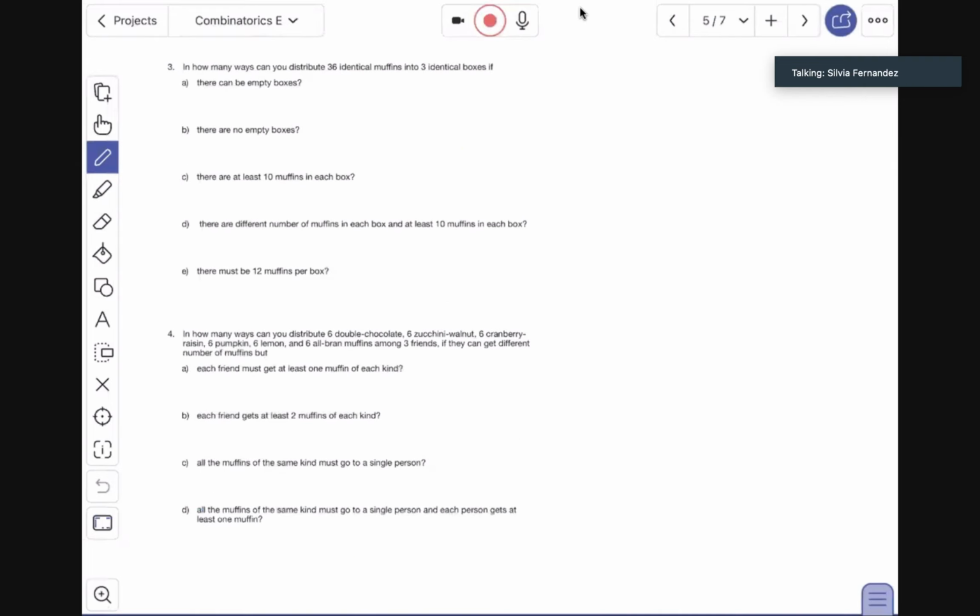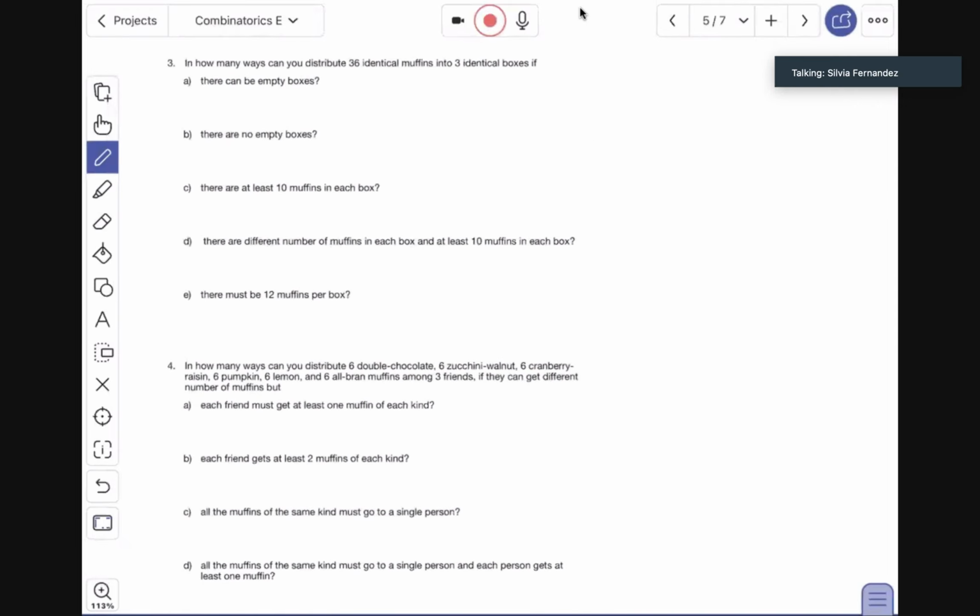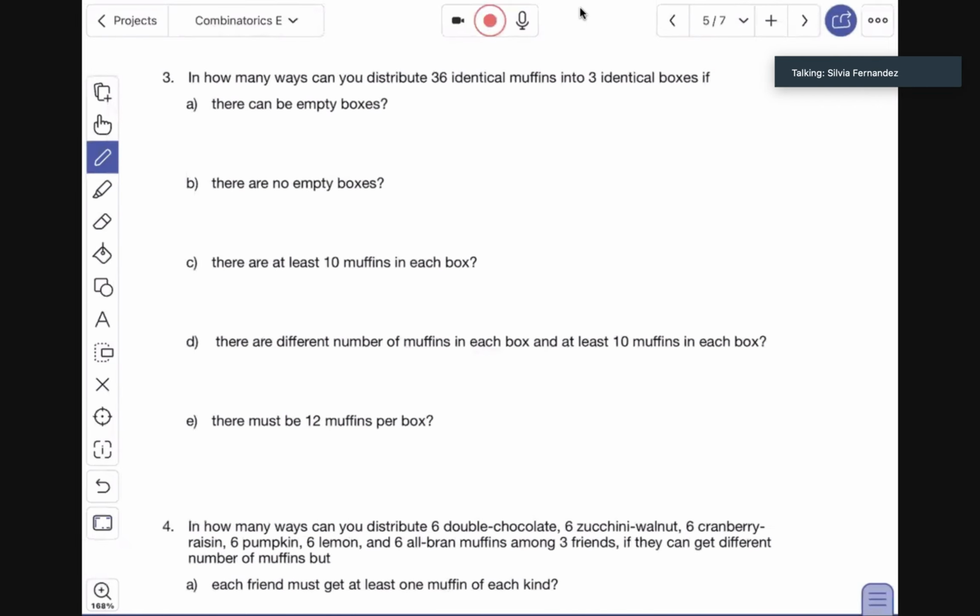So problem number 3, this is distributions, and in fact, this is identical muffins into identical boxes. So these are partitions, numerical partitions.